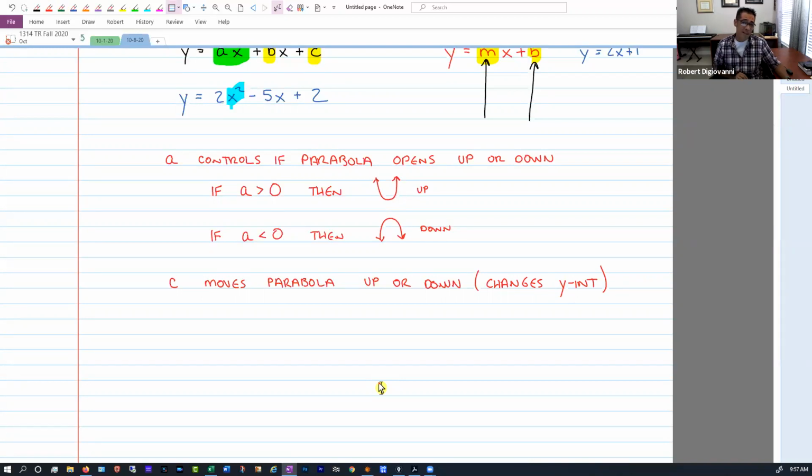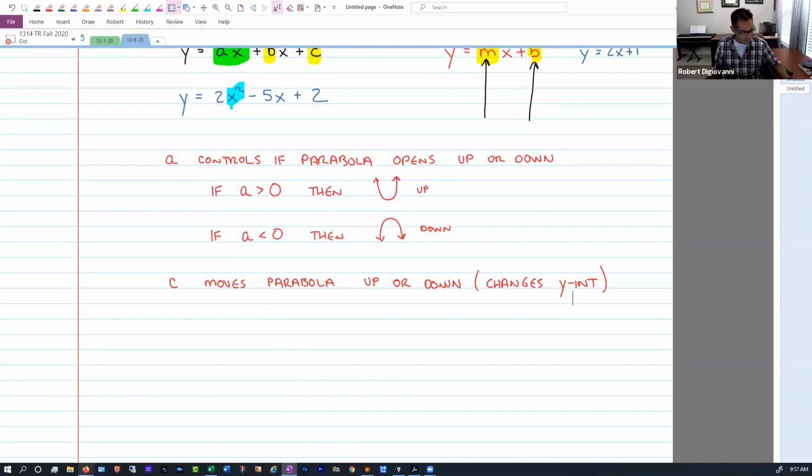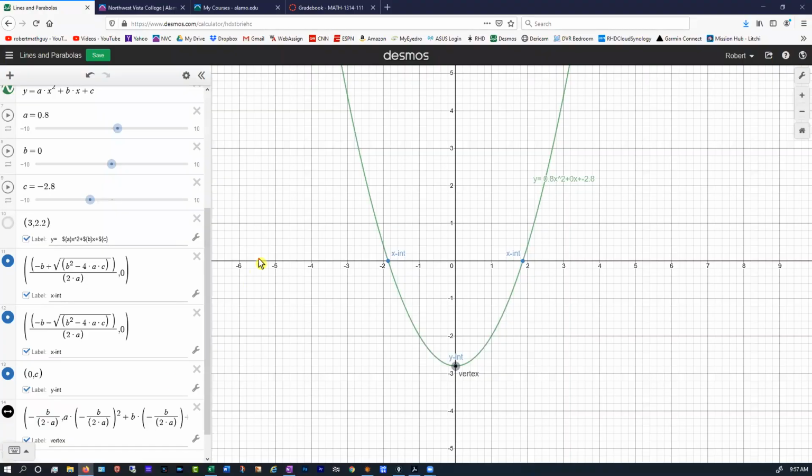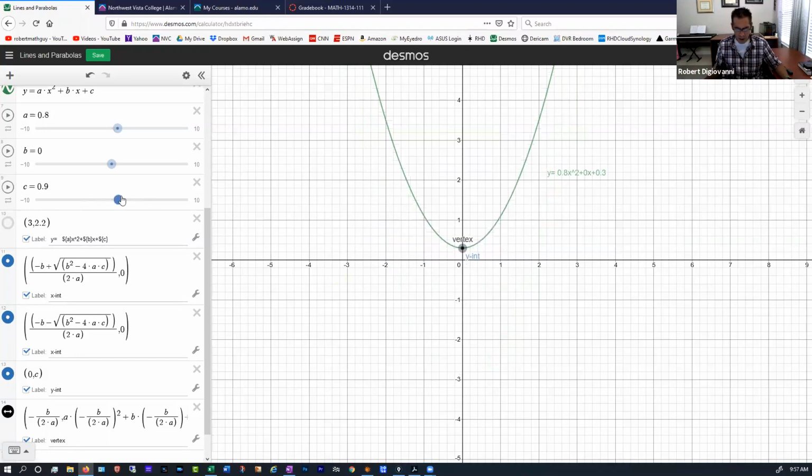So what do you think the B is going to do? Determine whether it moves left or right on the line. Yeah, so maybe the B has some control of our left and right. Let's see. Let me take C back up here.